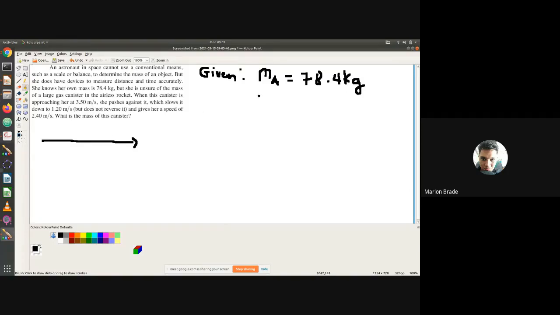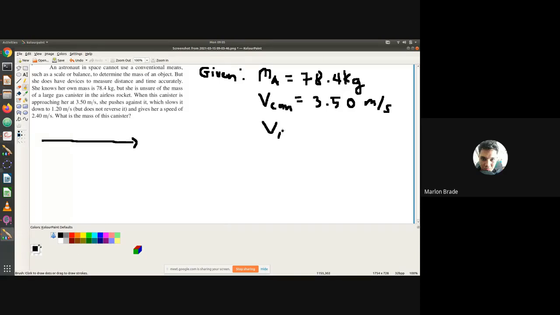Okay, so which means that the velocity of the canister is actually equal to 3.50 meter per second. By the way guys, kung ako sa outer space karon, dayon nakita na ko nga nagpadulong ang canister, which means that ang velocity, di ba dili makakabalo kung nag-move ba ko o dili.